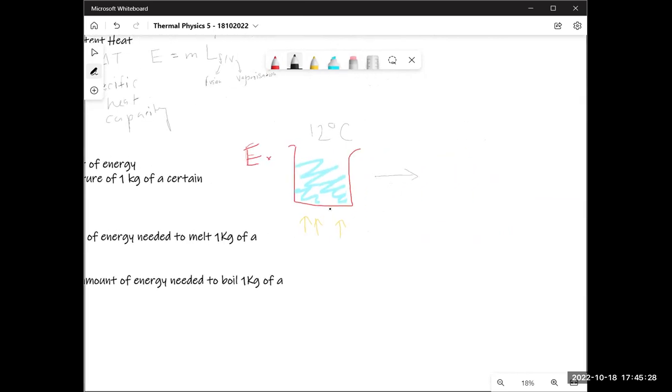And then after heating it, it became 13 degrees Celsius. Now this increase in 1 degree of 1 kilogram of water, this is 1 kg, is called specific heat.